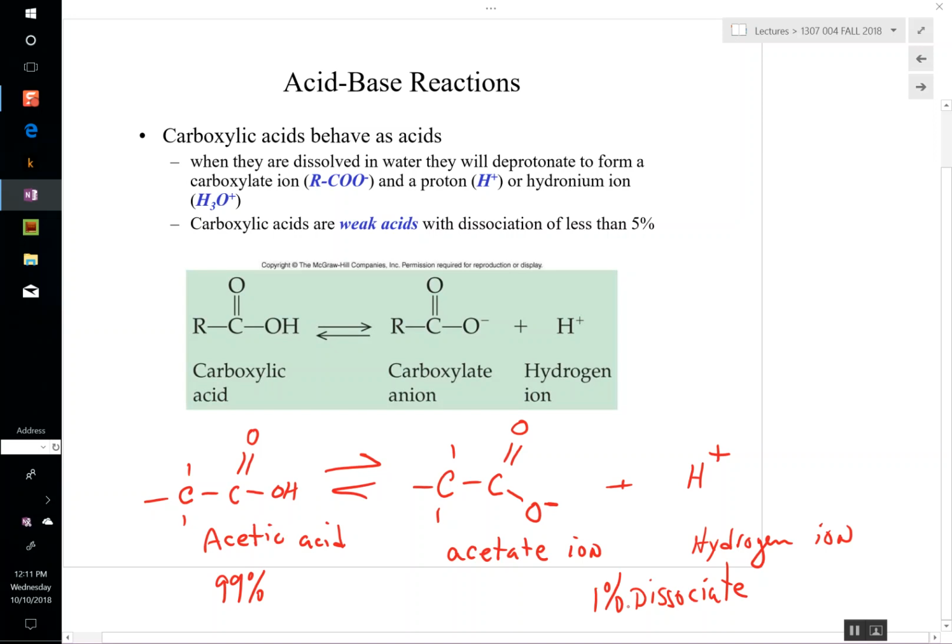Yeah, that is a negative charge right there. That's a negative. That's not a bond. That's a little negative. The acetate ion, you can see in general we're talking about a carboxylate ion. The carboxylic acid forms a carboxylate ion.